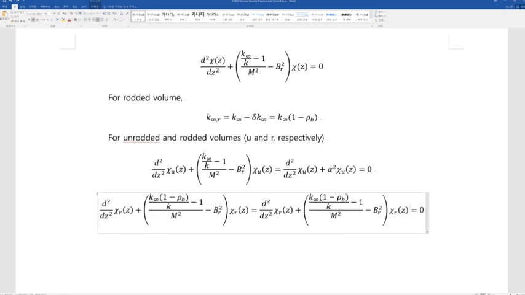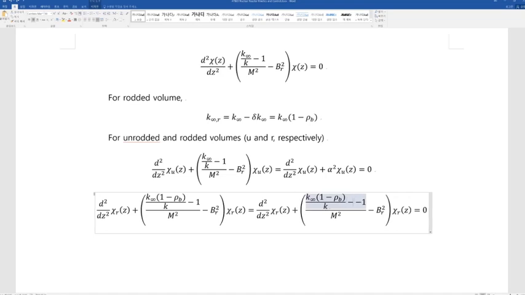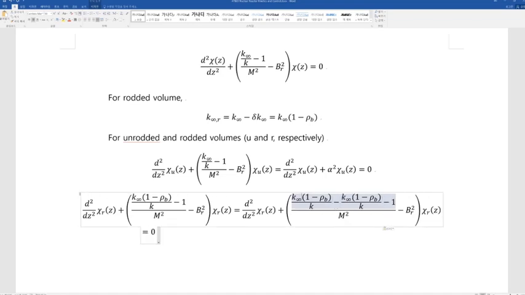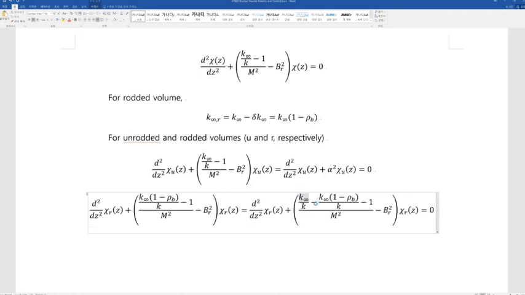So I'm sorry, let's write it in this way. So minus, this is the first term, and I already placed the minus here, and this is for the second term here.